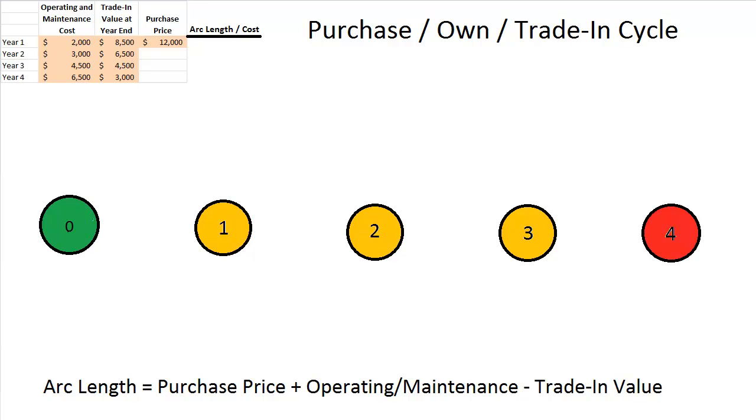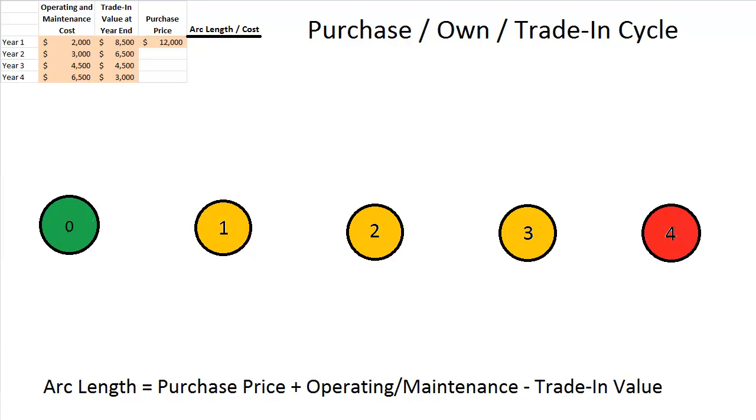And that cost, or arc length, is a function of the original purchase price, which will always be $12,000, plus the operating and maintenance costs, depending on how long he held the car, and then subtracting its trade-in value at the end of that same length of time. So the total cost for an arc, or a certain length of time, will be purchase price plus operating and maintenance minus its trade-in value.